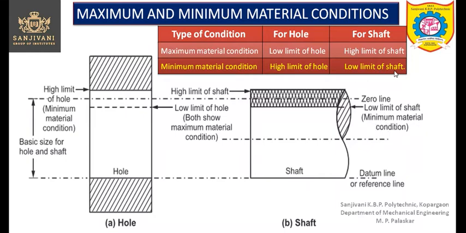So low limit of the shaft combined with high limit of the hole is minimum material condition. That means when the hole is having maximum size and the shaft is having minimum size, that is minimum material condition. And if the shaft is having maximum size and the hole is having minimum size, that is maximum material condition.